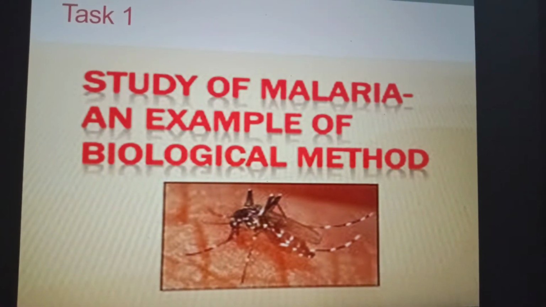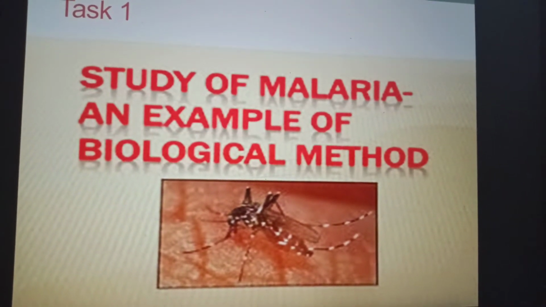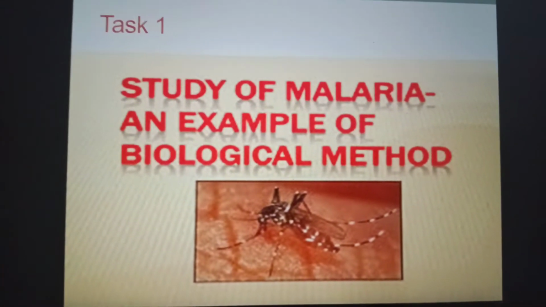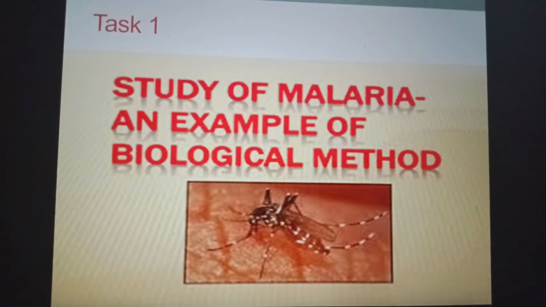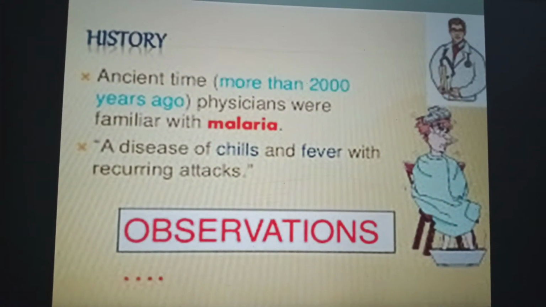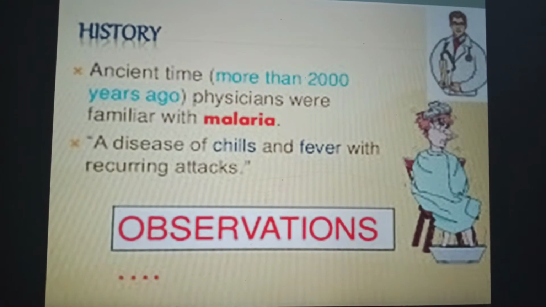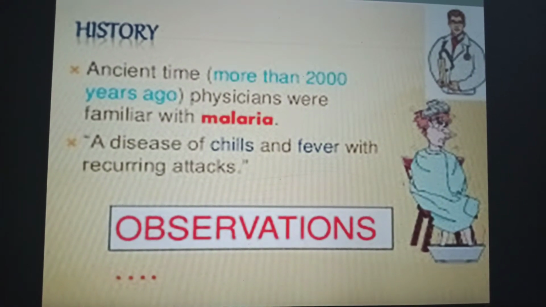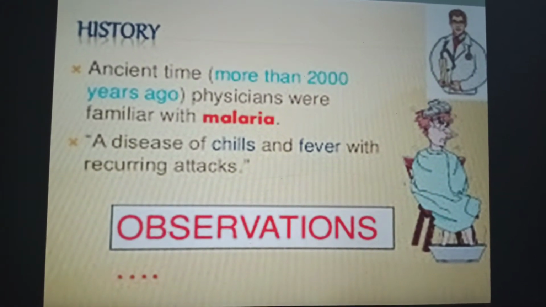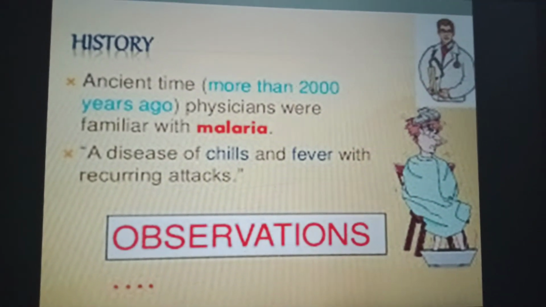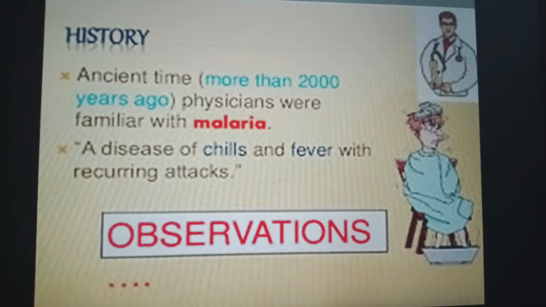Now it's time to discuss task 1, that is about the study of malaria, an example of the biological method. So I will talk about history. In ancient times, more than 2000 years ago, physicians were familiar with malaria, a disease of chills and fever with recurring attacks.